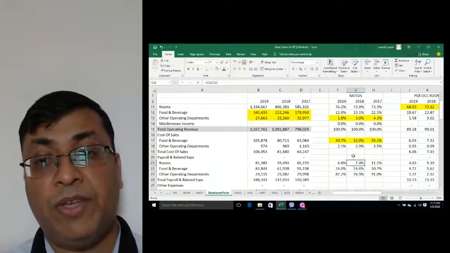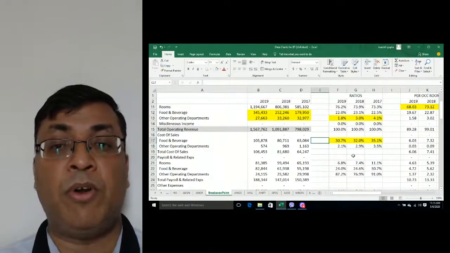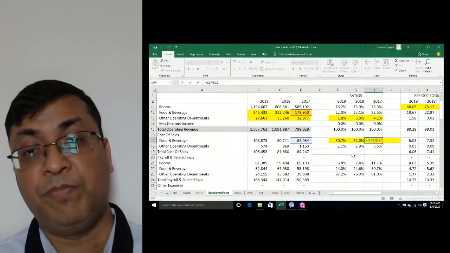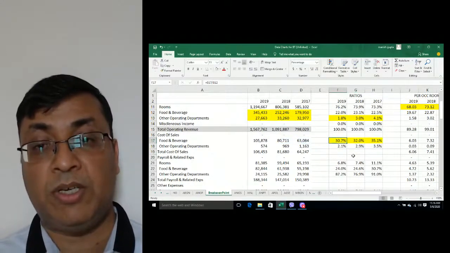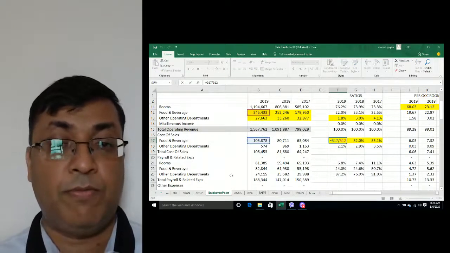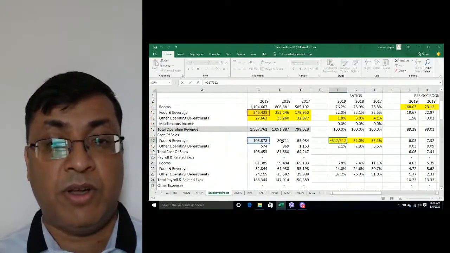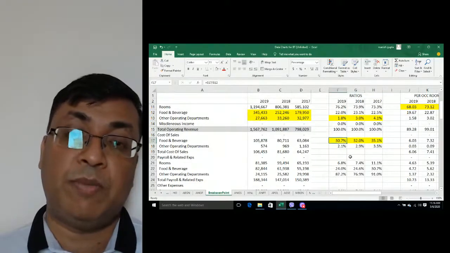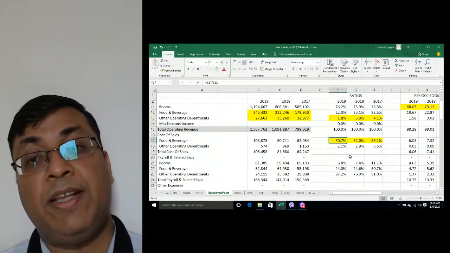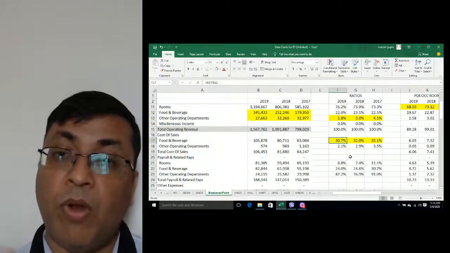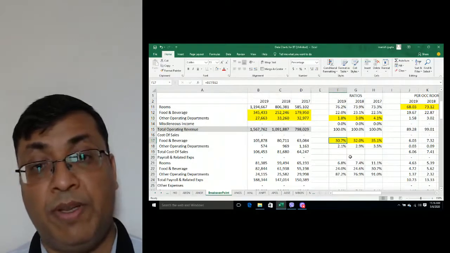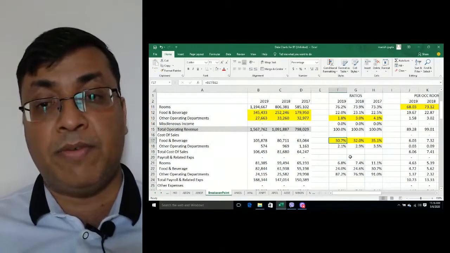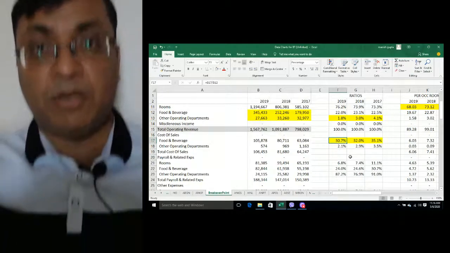The cost of sales, the F&B cost, will only be related to the F&B revenue. So here we have calculated the food cost divided by the food revenue. You can see the cost is dropping from 35 to 32 to 30%. It means that the hotel is getting economies of scale. The higher the ratio of F&B per departmental performance, the higher the cost of operations.